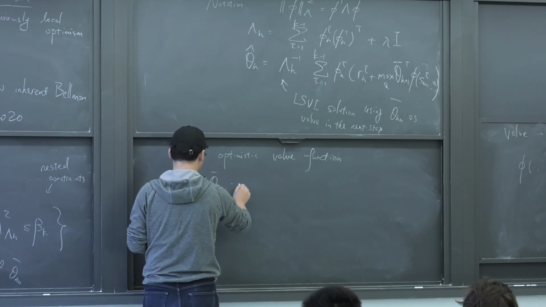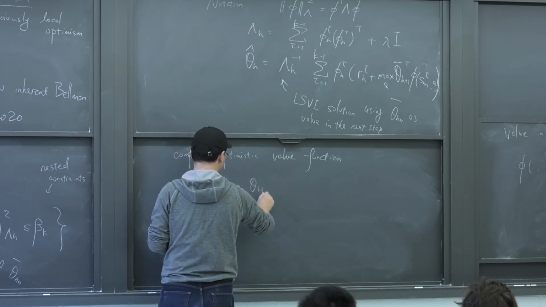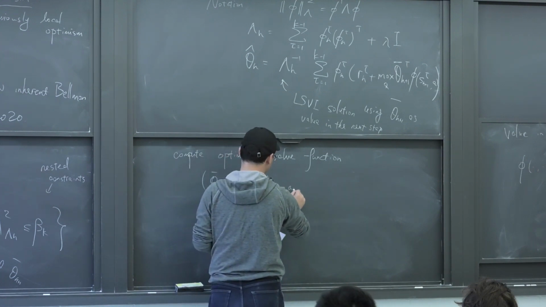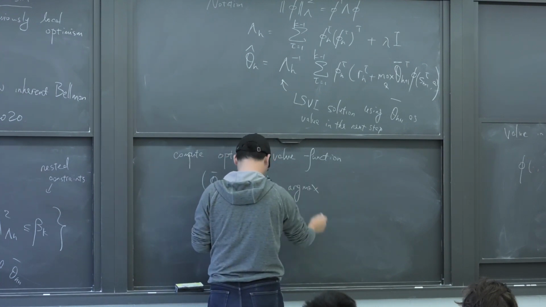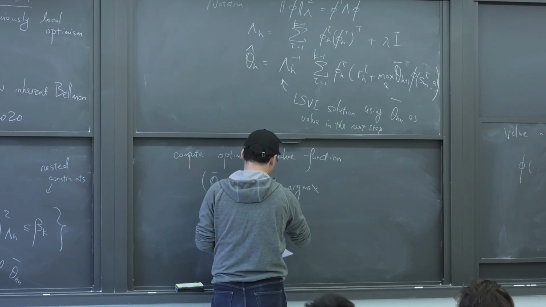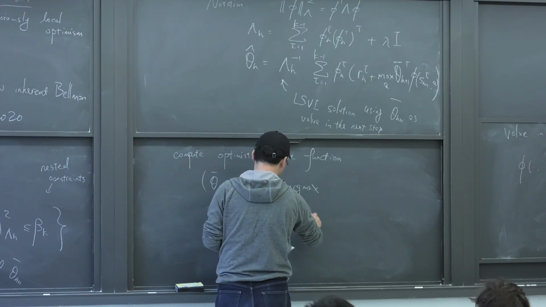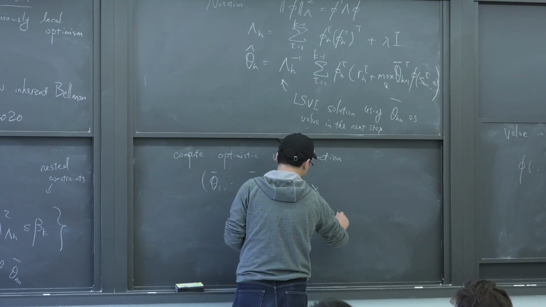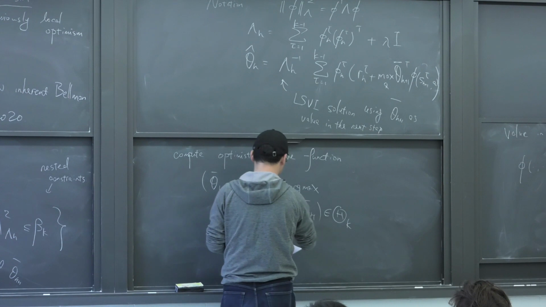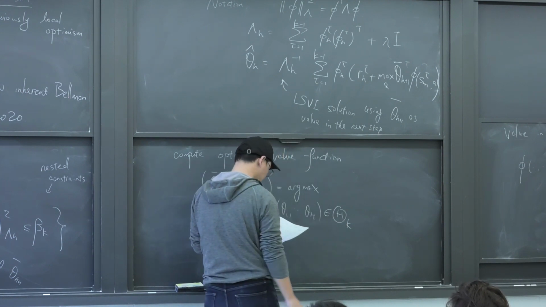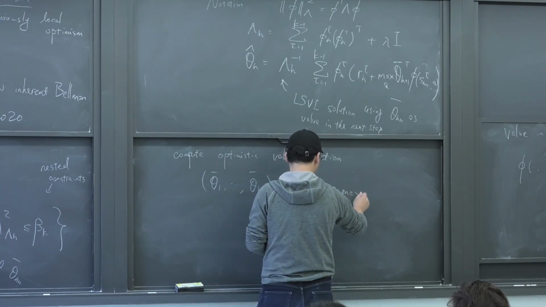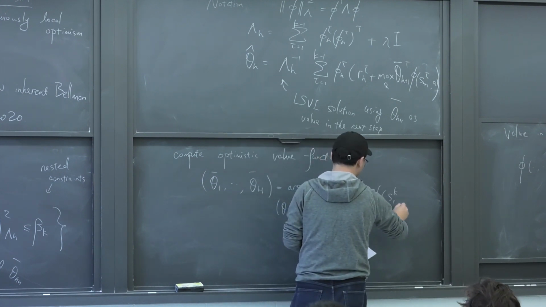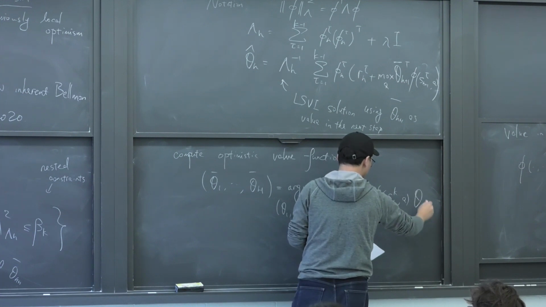Theta 1 bar till theta h bar to be the argmax of this theta 1 bar to theta h bar in this theta k, max over A of phi(S_1^k, A) transpose theta 1.